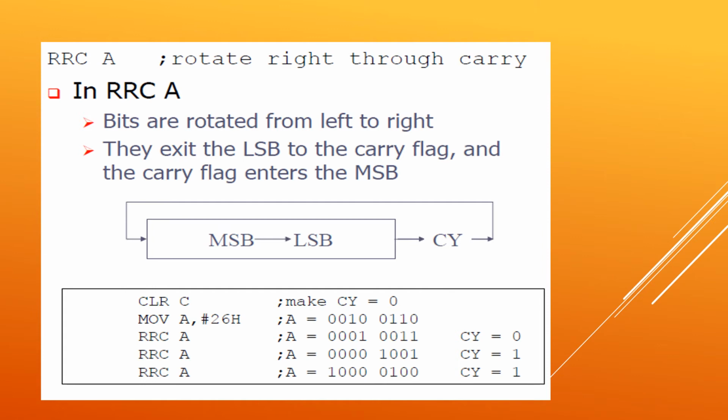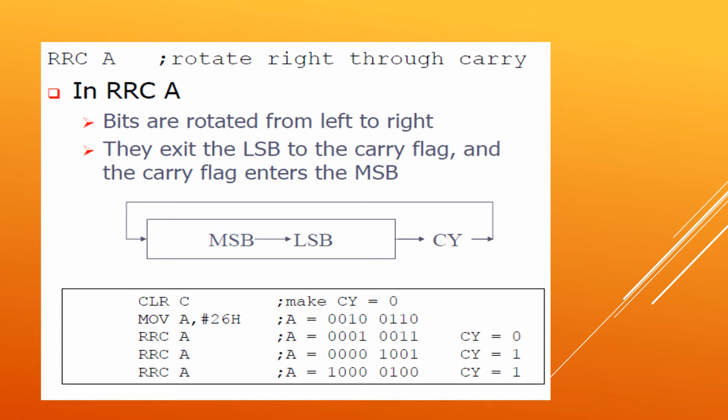So what will be the result? Our original lower nibble is 0110. So one position right. That 0 from the LSB position has now gone into the carry position. Therefore our pattern will become 0011, shifted from left to right by one position.